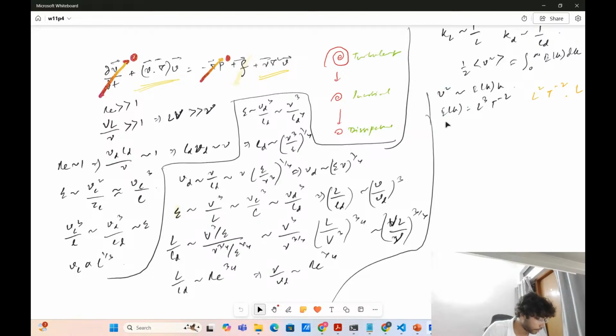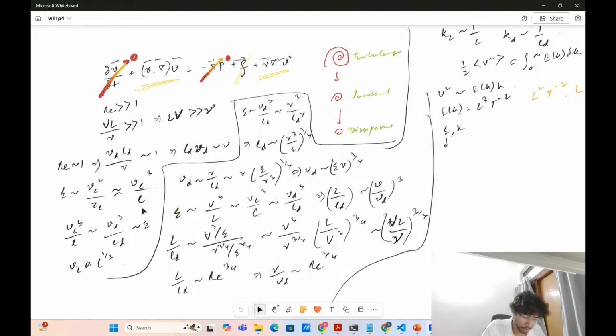Okay. Now, if we just consider E(k) to be a function of epsilon and K, which respectively have dimensions of, so epsilon, if you remember, has dimensions of V cube by L, right?